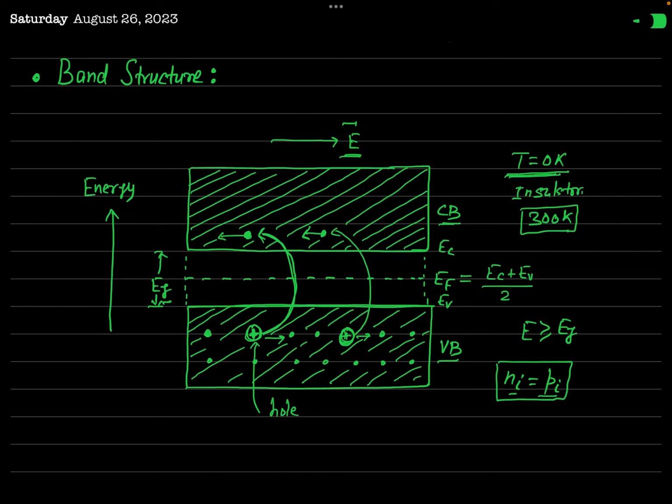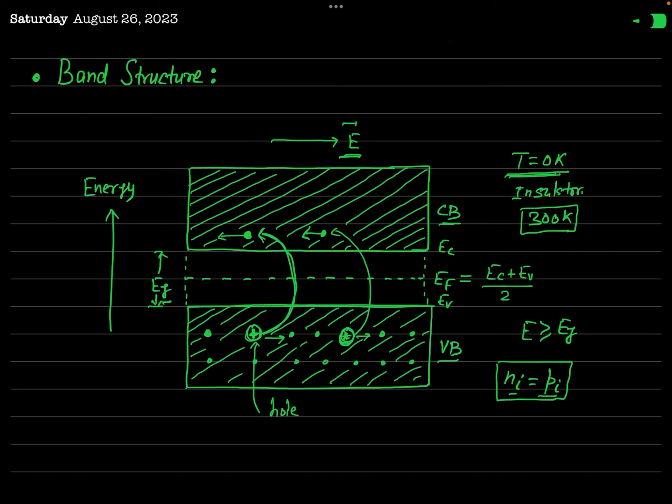If an electron is released from a silicon or germanium atom, that atom becomes a positively charged ion, and that ion also creates an electric field. So in valence band there are two fields. One is the external electric field and another is the electric field produced by the ion cores. And these holes move in valence band under the two fields. One is the external field E and another is the field produced by the ion cores.